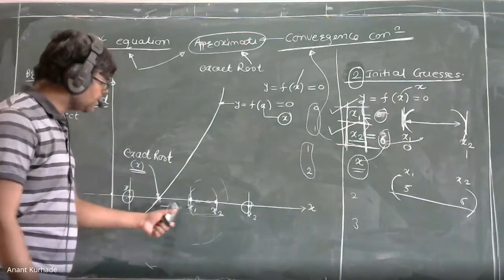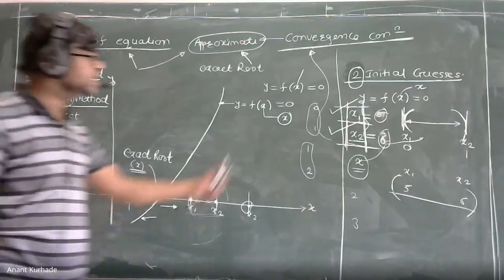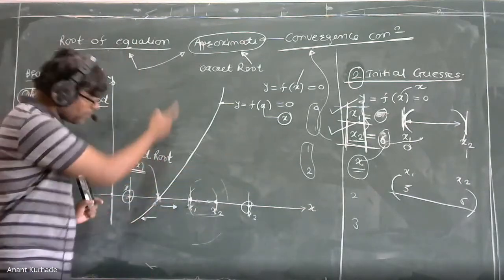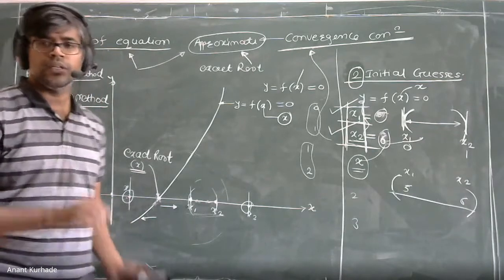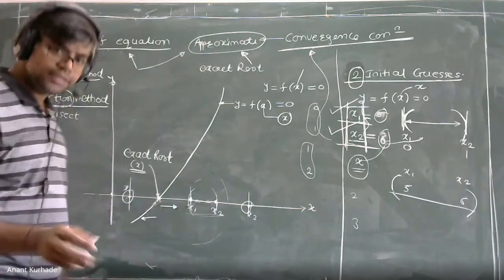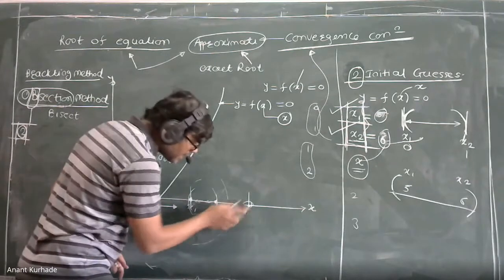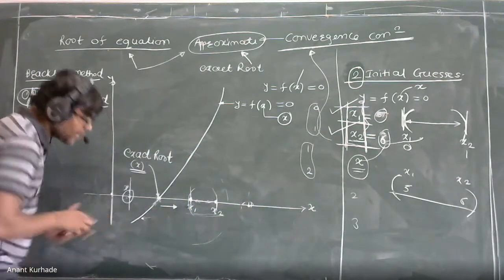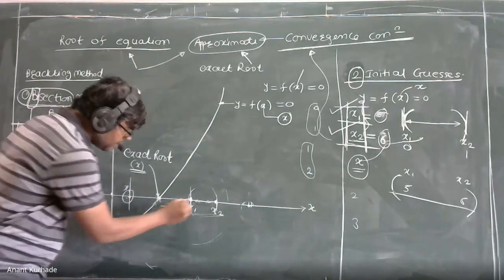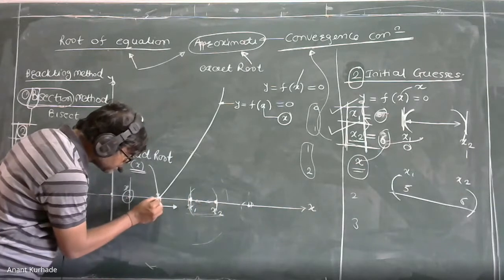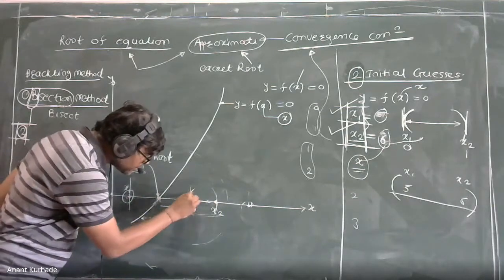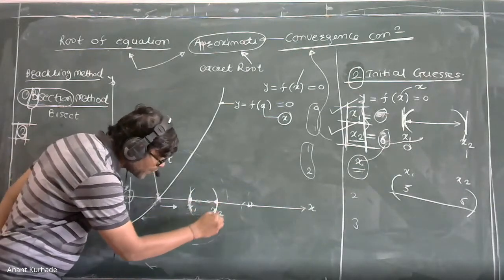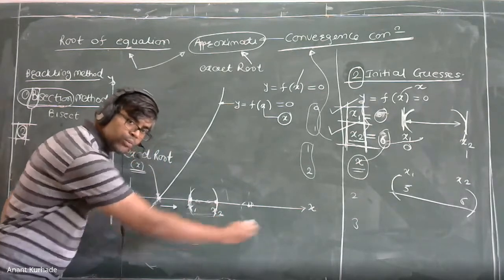There is one formula, and here we can create this formula. Here x1, x2, and we can say the root does not lie between these two values.